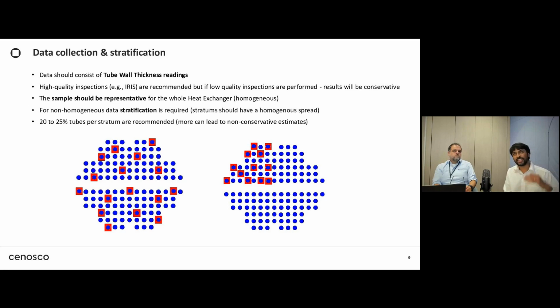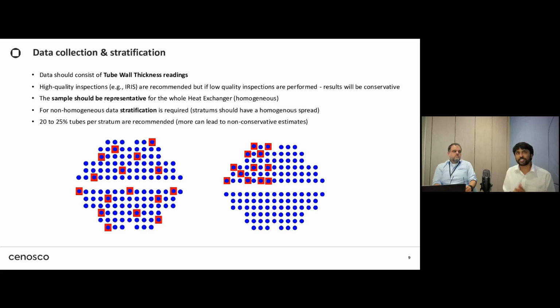In some cases, the inlet side and the outlet side can be two separate strata, because an increase in temperature can increase your corrosion rates on the outlet side, just for example. In such cases, your inlet and your outlet could potentially be two separate strata. If that is not the case, you can just class your entire heat exchanger bundle as one stratum.